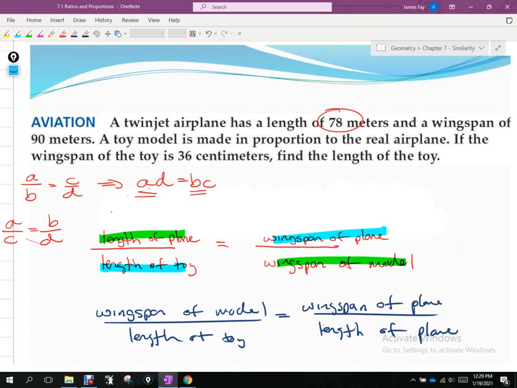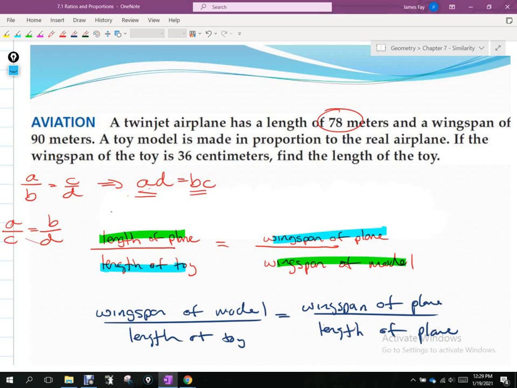That would be a viable way of setting up this proportion. Now, if I go across the top, is there an idea that links the two numerators? They're not coming from the same shape now. One comes from the model, one comes from the plane, but they're both wingspan across the top, right?